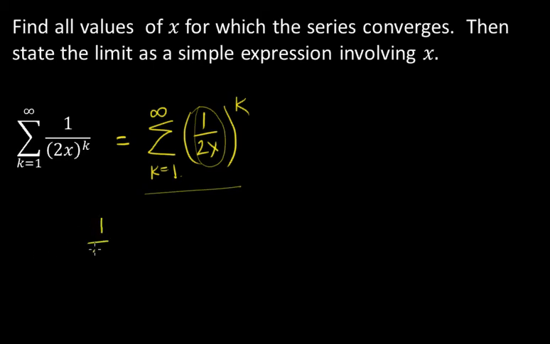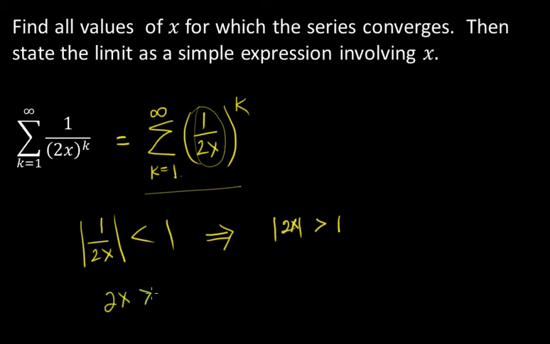So we just need to solve the absolute value of 1 over 2x less than 1. Well, this means I'm going to take reciprocals. This means that the absolute value of 2x would be greater than 1.